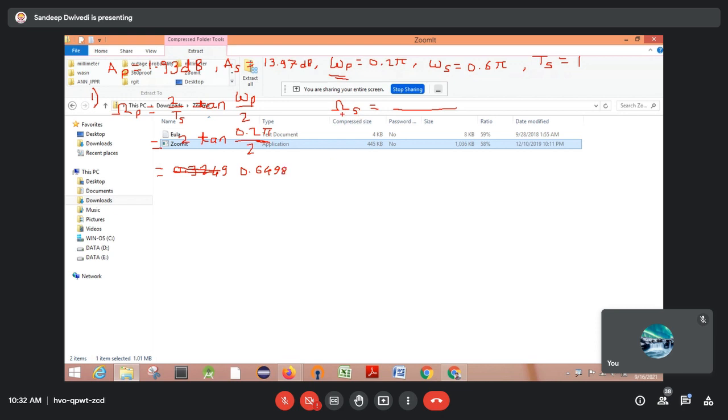Then the stop band edge frequency you need to calculate. Again the formula will be the same, 2 by TS, so this is 2, then tan of 0.65 divided by 2, and here also 2 will be there.